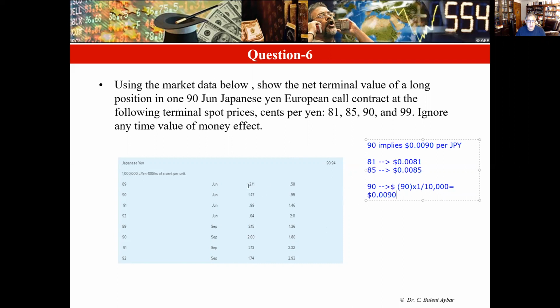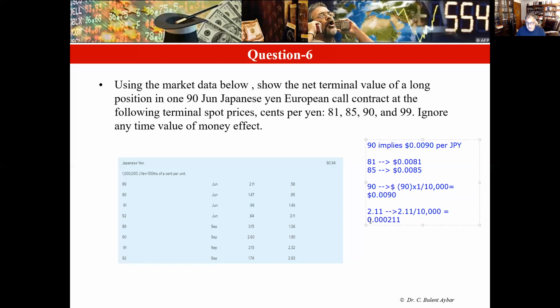Very similarly, you see the contract prices or option premiums in the second column. These are the premiums for call options. On the third column, you see the premiums for the put options. For instance, 2.11 implies 2.11 divided by 10,000 per Japanese yen, or you could write this as $0.000211.